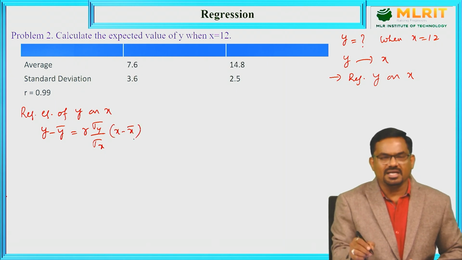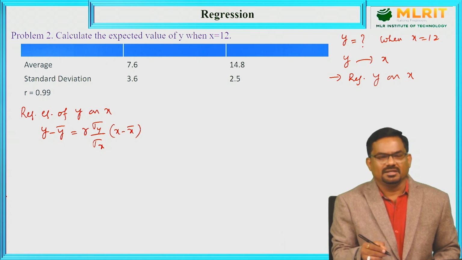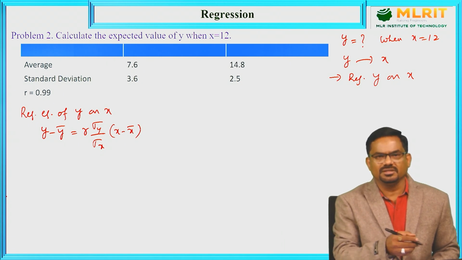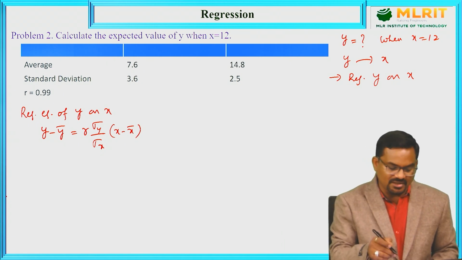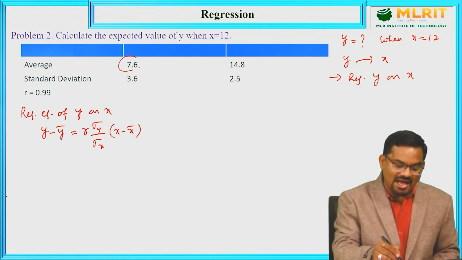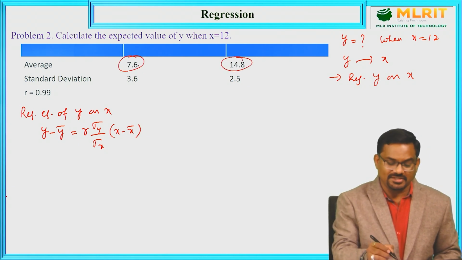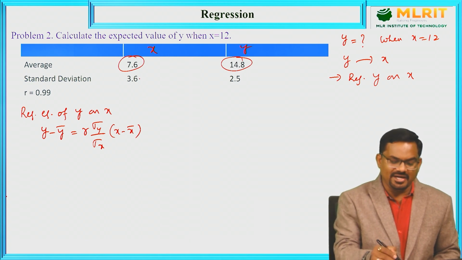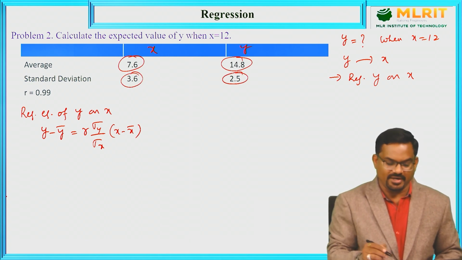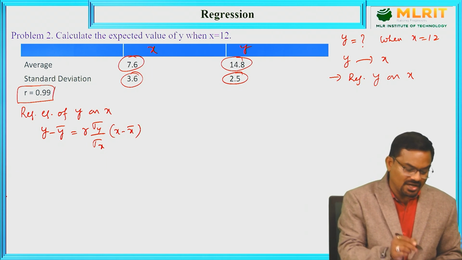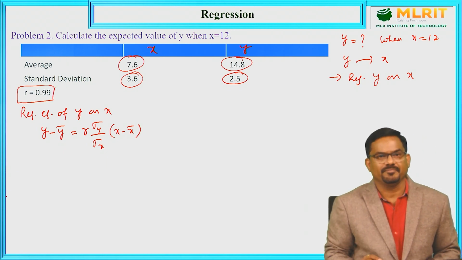If the data is given, we need to find the regression coefficient using the previous formula. But here, directly the average values are given. The first average is 7.6, this is for X and this is for Y. Standard deviation 3.6, 2.5, and the correlation coefficient R is also given.